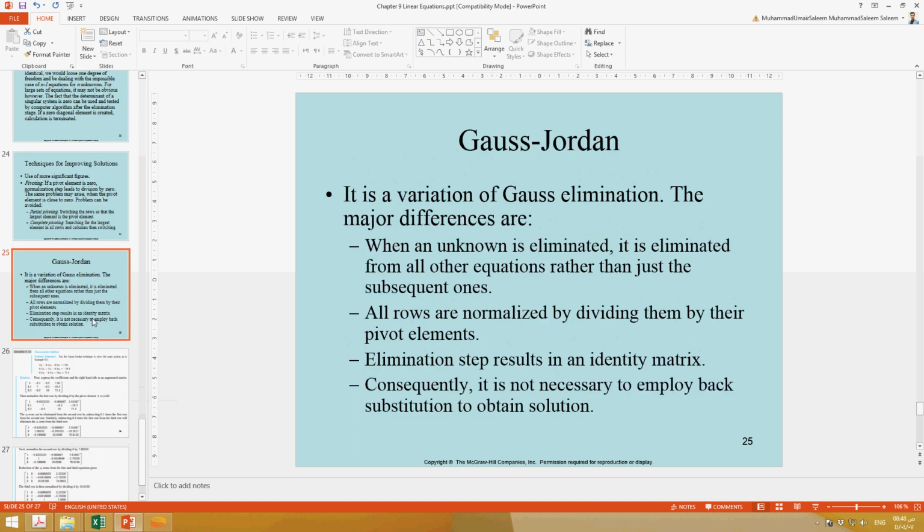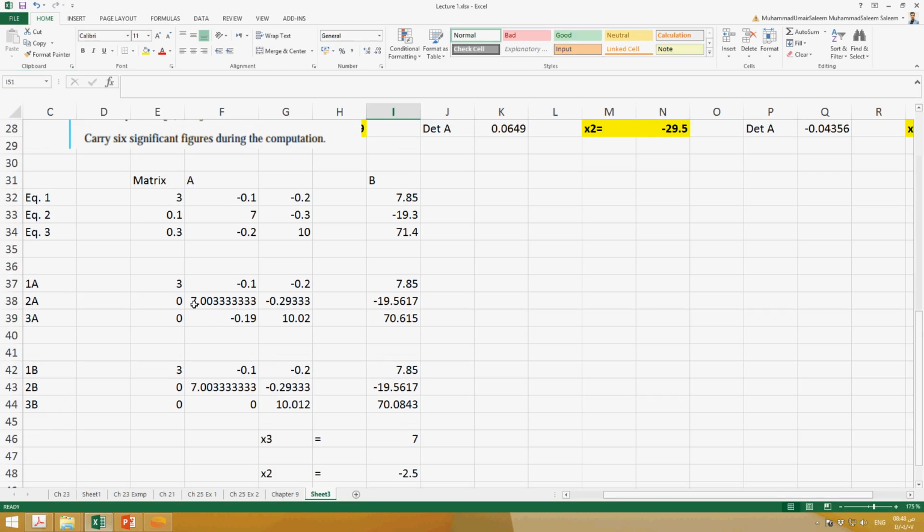So let's talk about the Gauss-Jordan method. What is this Gauss-Jordan method? In the Gauss-Jordan method, we use elimination, but what we do, for example, in this matrix, we make all these diagonals 1.